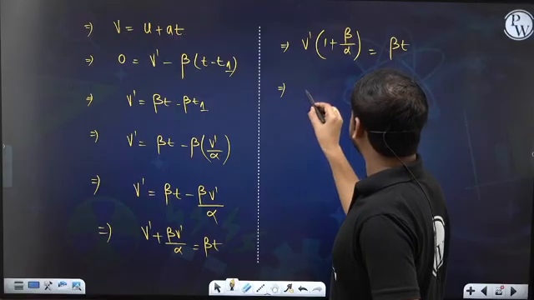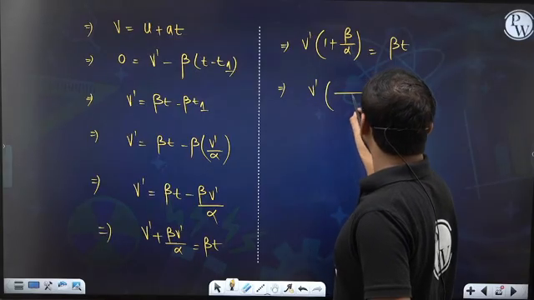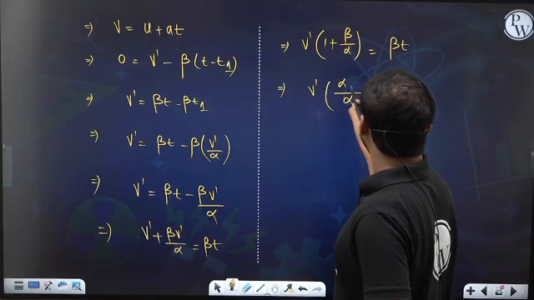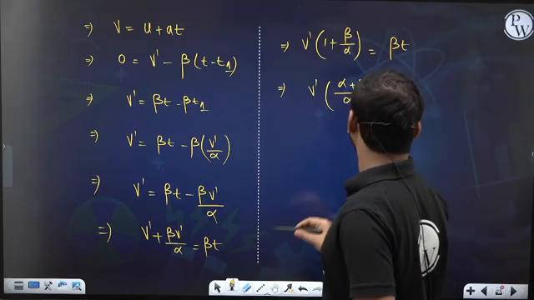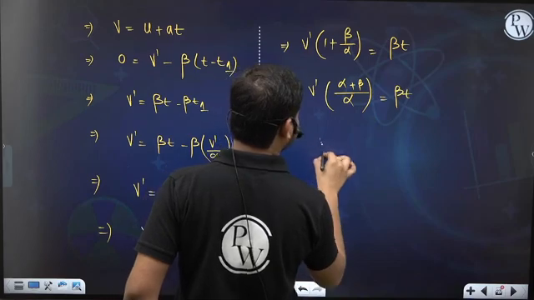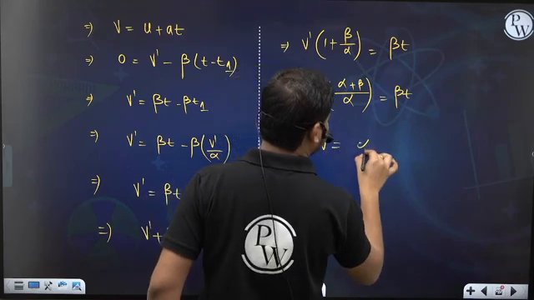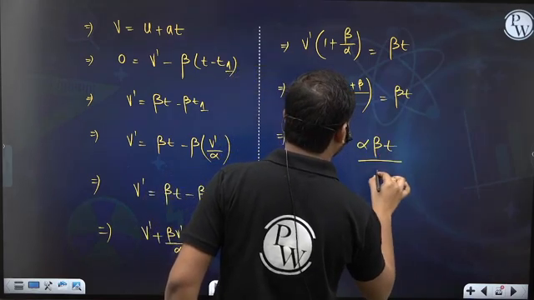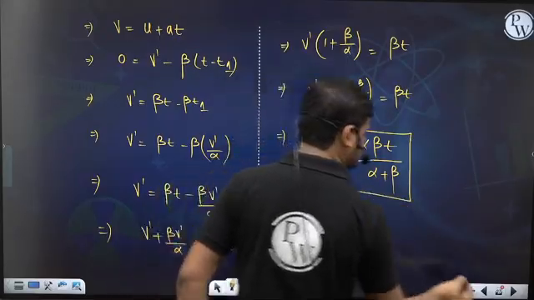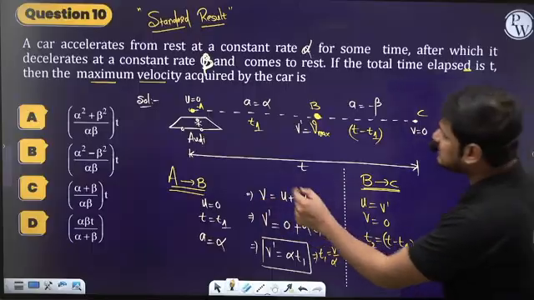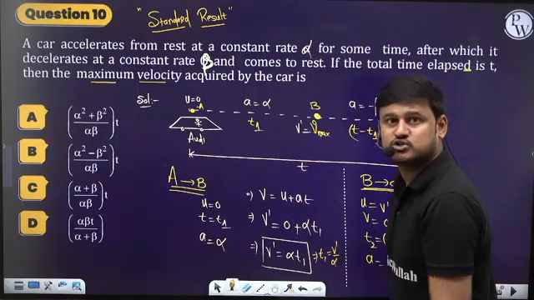Then taking alpha as the LCM, v dash into (alpha plus beta) by alpha is equal to beta t. Sending this to the other side, v dash is equal to alpha beta t by alpha plus beta. This v dash is the maximum velocity, and that's what they are asking.